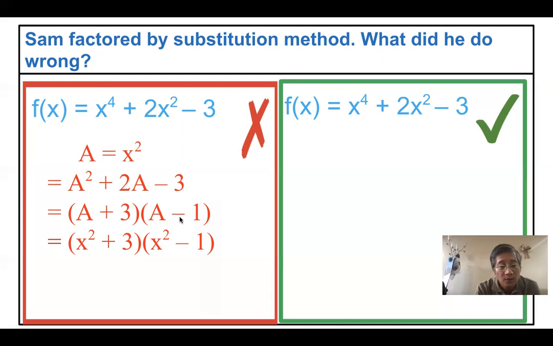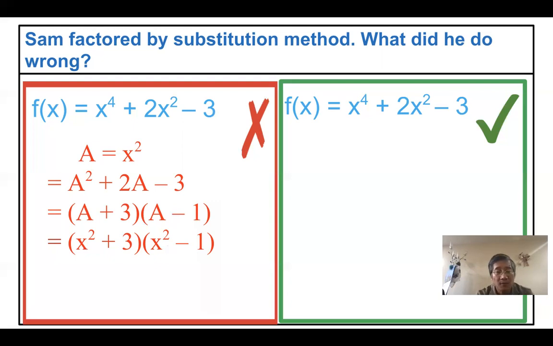So you know how to factor. So far looks good, right? So 3 and negative 1, if you add, it's positive 2, multiply negative 3, perfect. So either method you can use, but now you replace a with x squared. So far, no problem. There's no error.